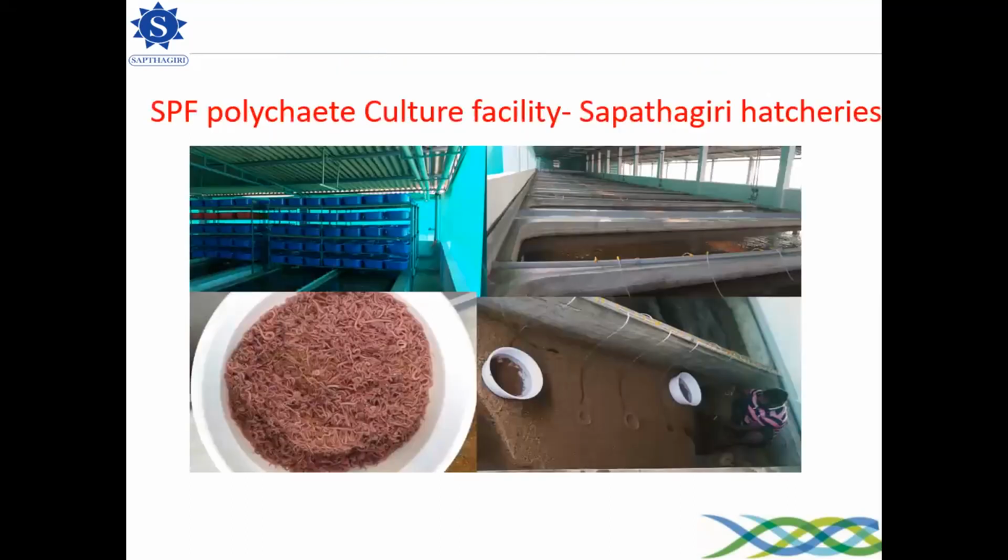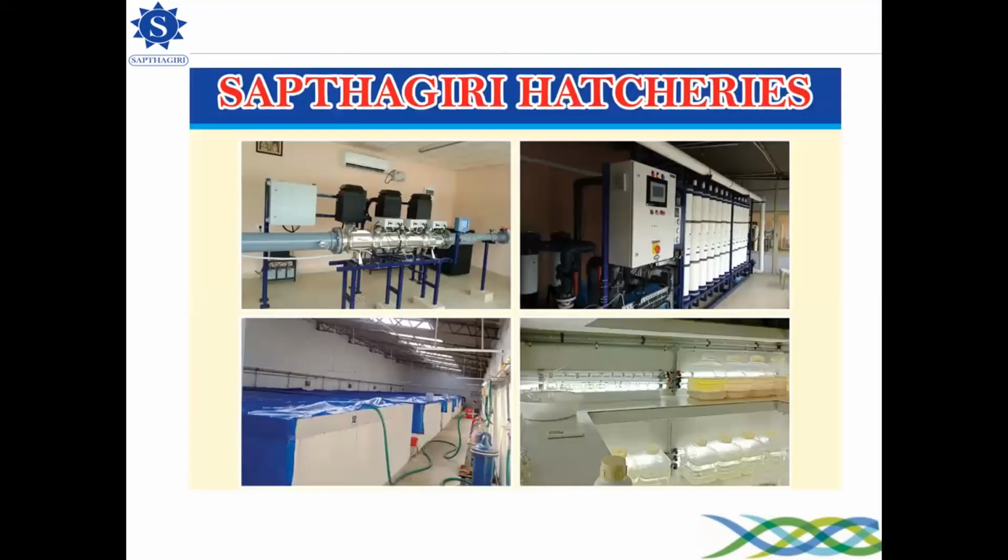So this is a typical example of an SPF polychaete culture facility in Saptagiri hatcheries. Only through SPF polychaetes and live feeds can we achieve SPF, EHP-free status PLs. These are the most advanced water filtration and UV disinfection systems in the hatchery.